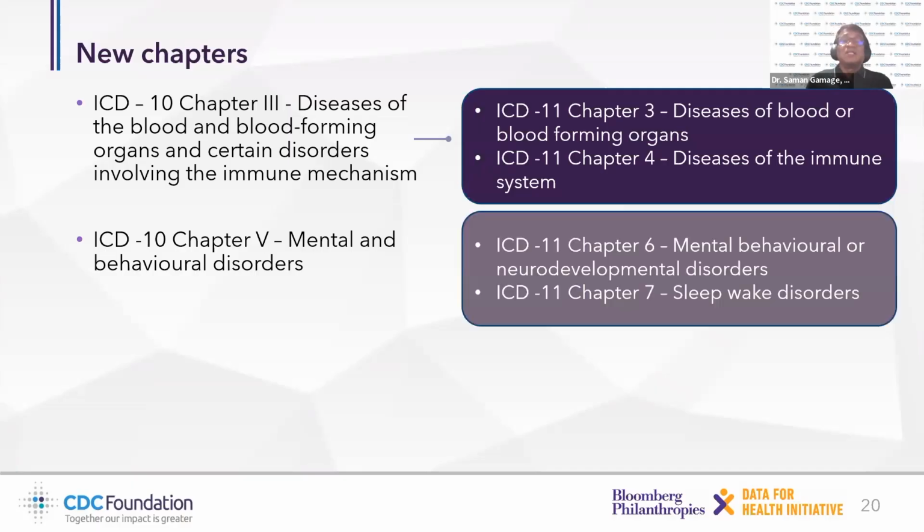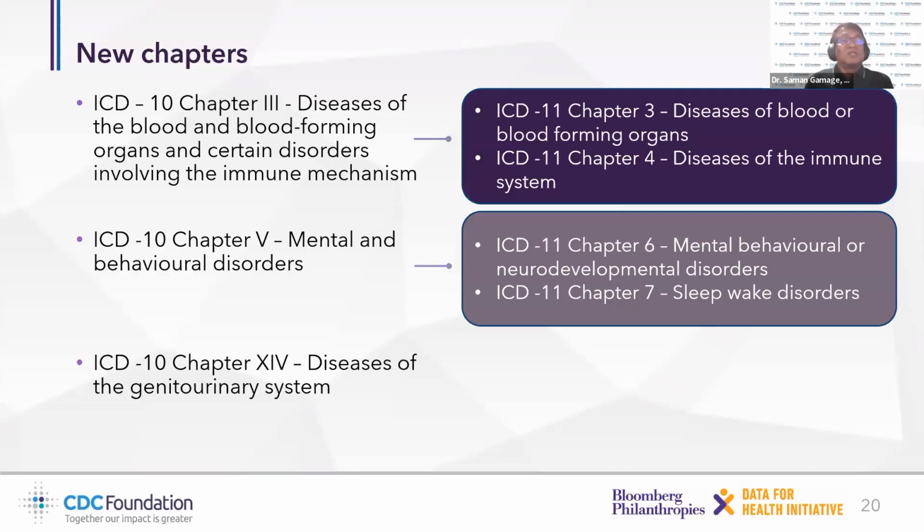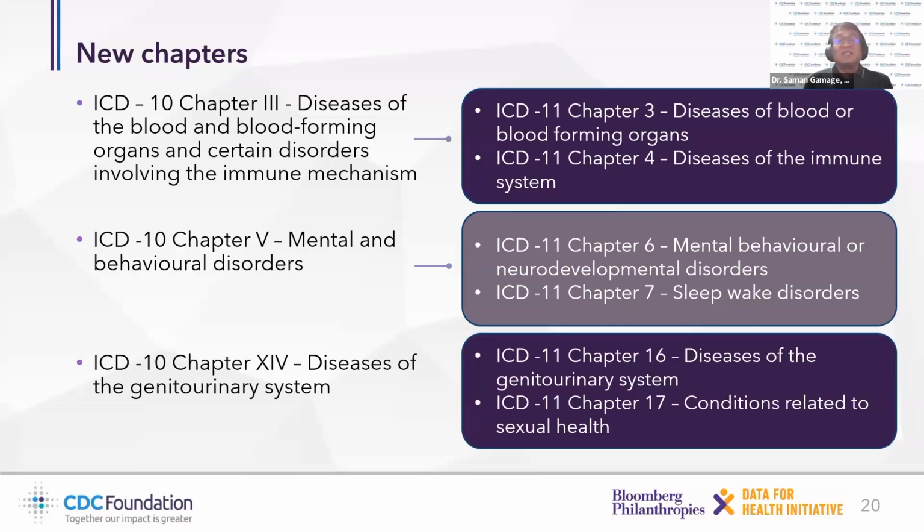In ICD-11, Chapter 6 covers mental, behavioral, or neurodevelopmental disorders, and Chapter 7 covers sleep-wake disorders. ICD-10 Chapter 14 is diseases of the genitourinary system. In ICD-11, Chapter 16 is for diseases of the genitourinary system. Chapter 17 is for conditions related to sexual health.